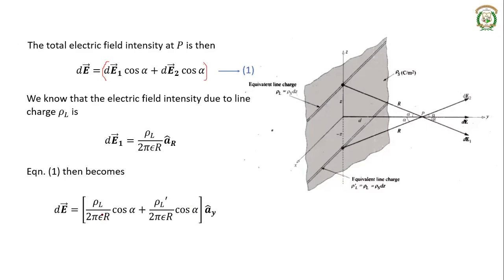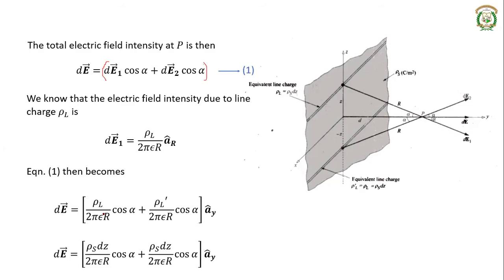In place of dE1 we have rho L divided by 2 pi epsilon r cos alpha, and dE2 is because of this line, which has charge density rho L dash, which is also equal to rho L, that is rho L dash divided by 2 pi epsilon r cos alpha. The direction of dE will be ay, that is the y direction.